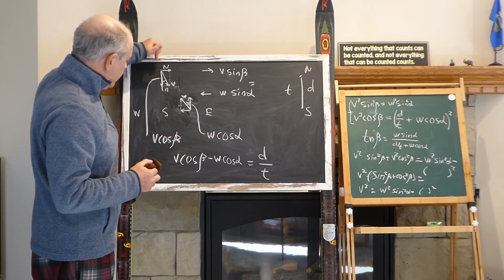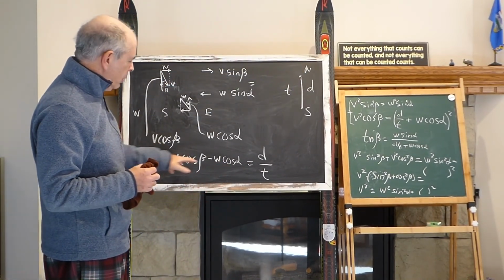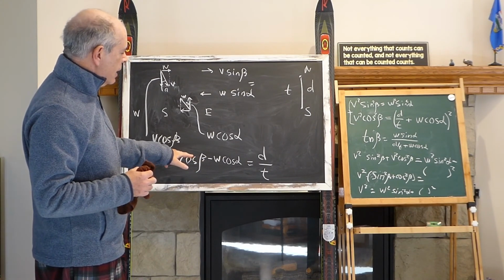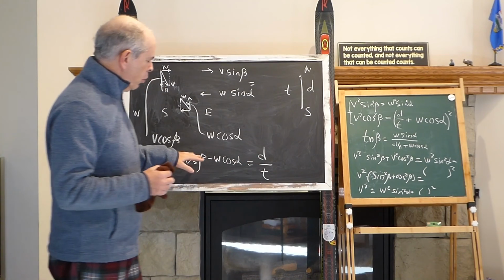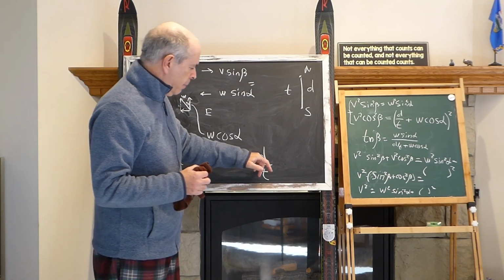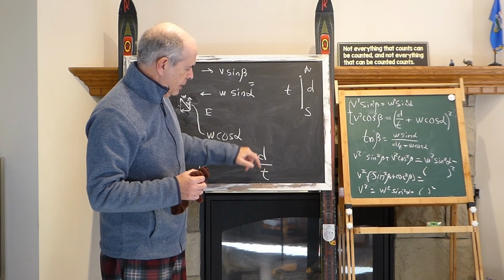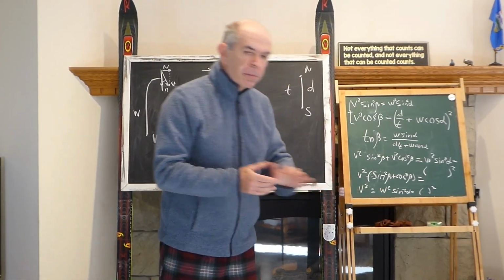But along this axis, along these lines, they don't cancel each other out, they just work against each other in such a way that the speed in this direction is reduced, but still it's known because distance is known and time is known. And that's all about this problem.